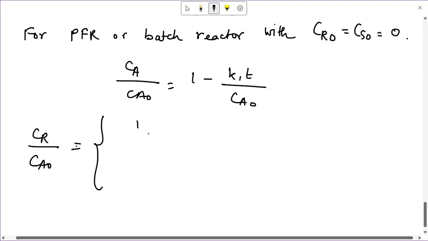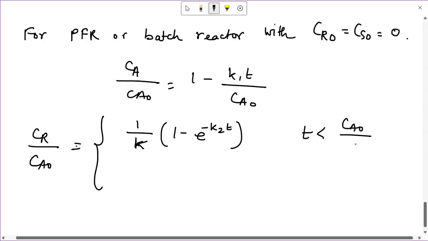First is 1 by capital K multiplied by 1 minus e to the power minus K2T when T is less than Ca naught by K1, and the other expression is 1 by capital K multiplied by e to the power K minus K2T minus e to the power minus K2T.